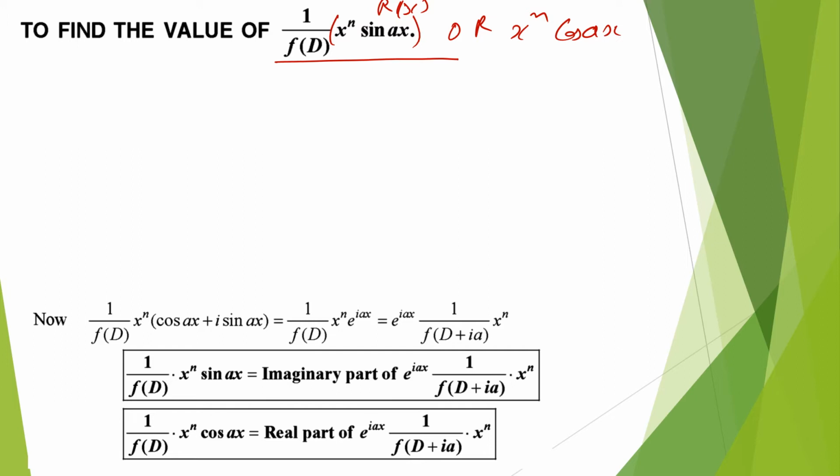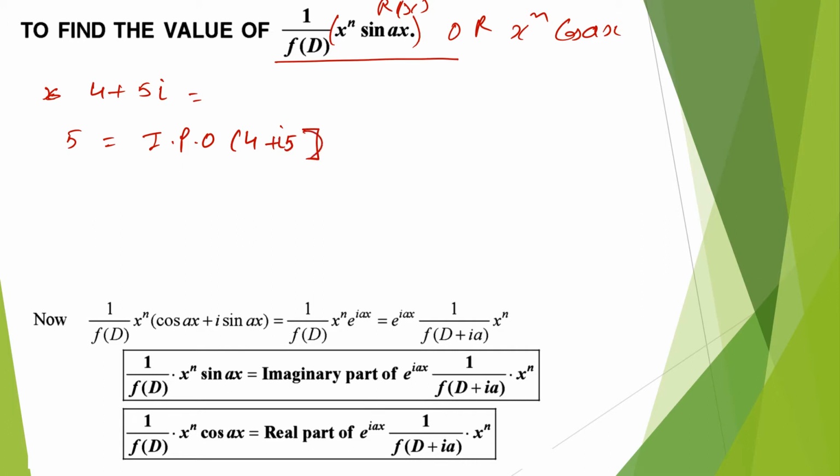Before solving it, we have to make a few points clear. If we have a complex number 4 plus 5 iota, we can write 5 is equal to the imaginary part of 4 plus 5 iota.